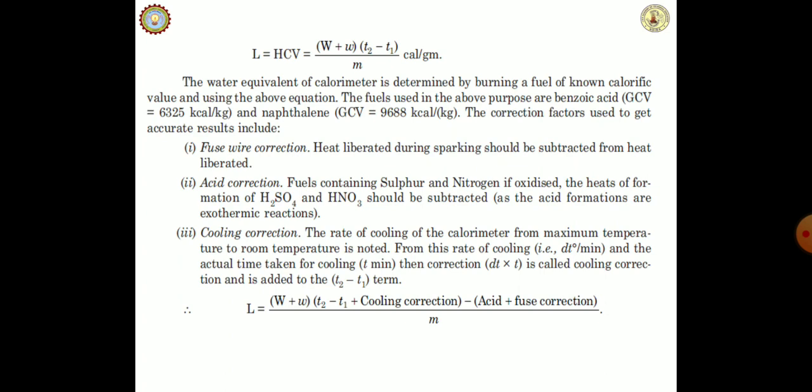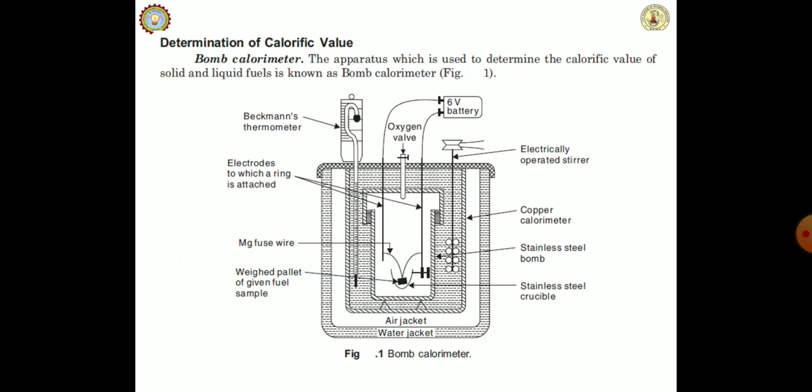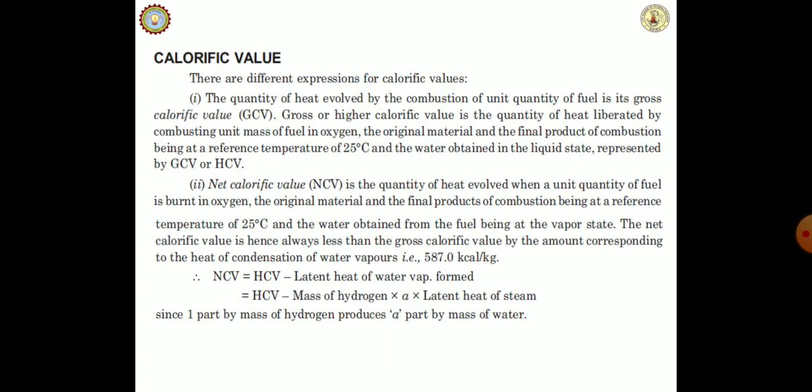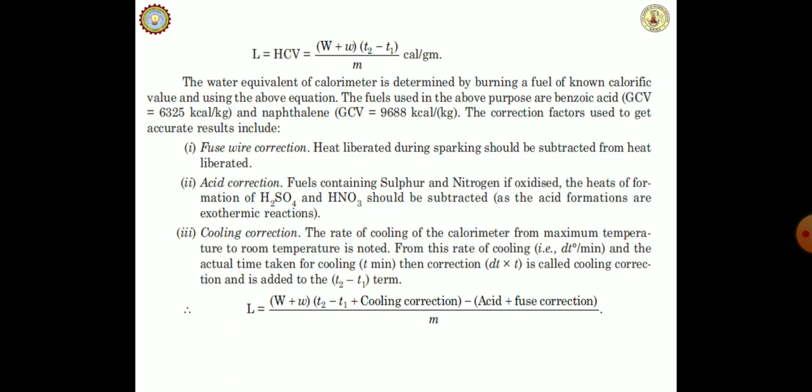Lower calorific value, we already know that one. Lower calorific value, NCV, is equal to HCV minus mass of hydrogen into 9 into latent heat of steam. This is the experimental calculation of calorific value of a solid as well as liquid fuel.